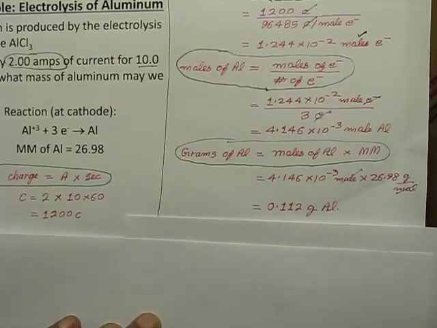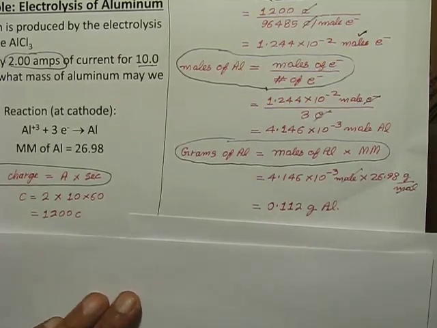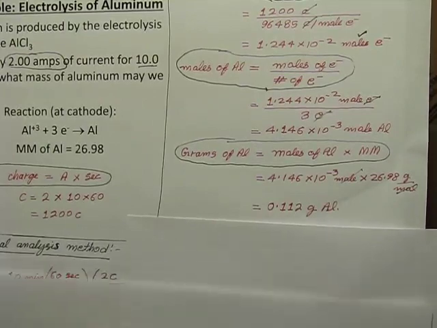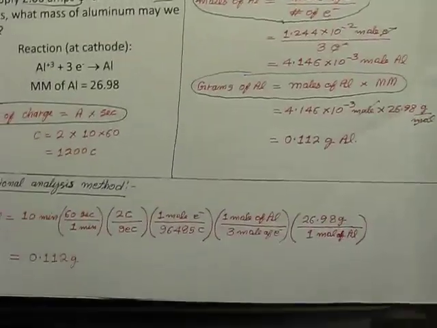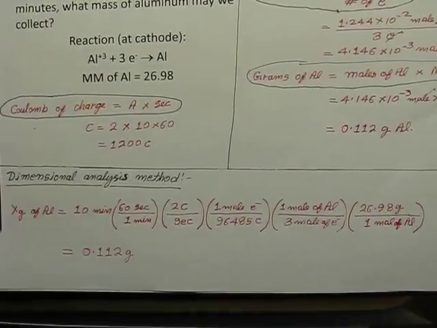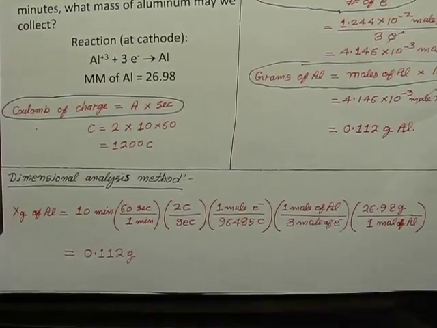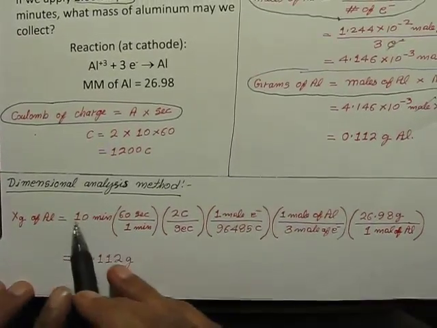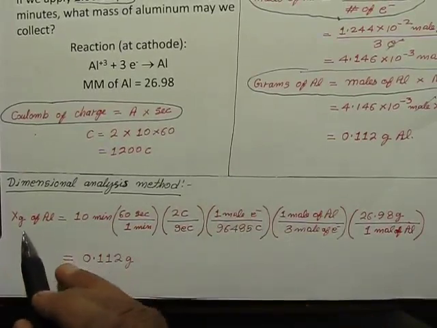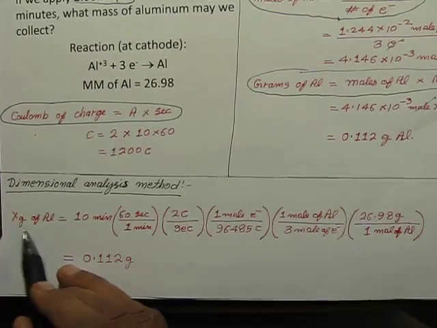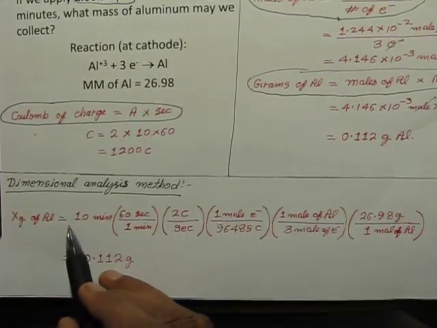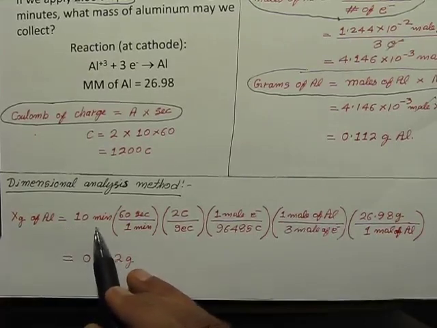And there is one more way to solve this question, which is the dimensional analysis method, which is very easy. You can figure it out like this: x grams of aluminum will be deposited based on the time.